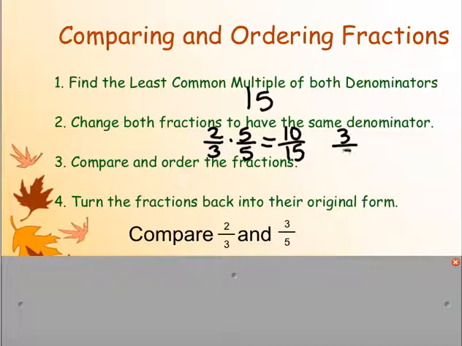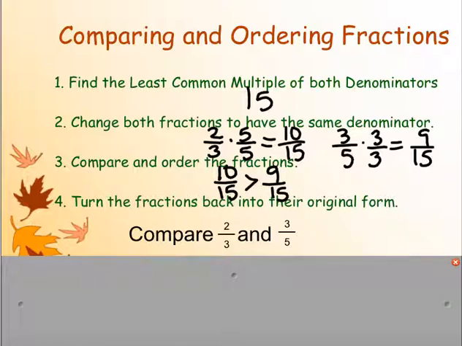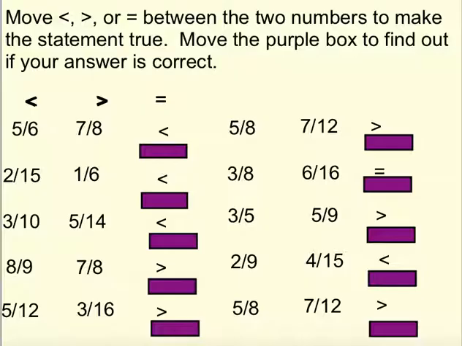We can do the same with 3/5, but instead of multiplying by 5 over 5, we multiply by 3 over 3 to give us that denominator of 15. Now that we have 10/15 and 9/15, we can see that 10/15 is greater. And when we turn it back into the original form, we can see that 2/3 is greater than 3/5. So finding that common denominator and changing each fraction into an equivalent fraction so we can compare them.